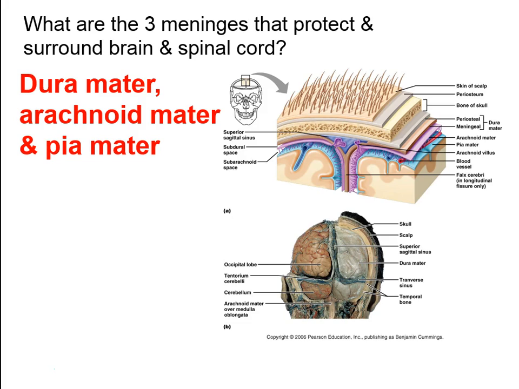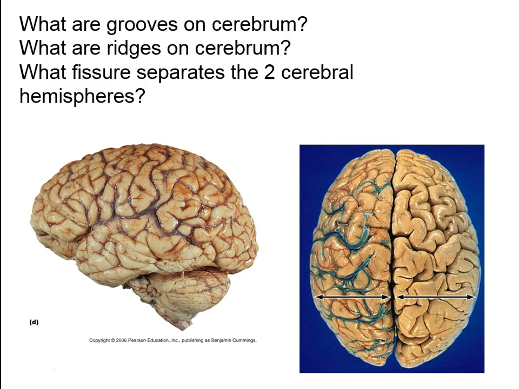Then you have the layer where the blood vessels are associated, and it looks kind of like a spider web. It's the arachnoid mater, or the spider mother. And then the layer that is deepest, that adheres to the brain tissue, is the delicate mother, or the pia mater. Going between these meninges is cerebral spinal fluid, which also cushions and nourishes and takes away waste products from the brain. It helps to form the blood-brain barrier.